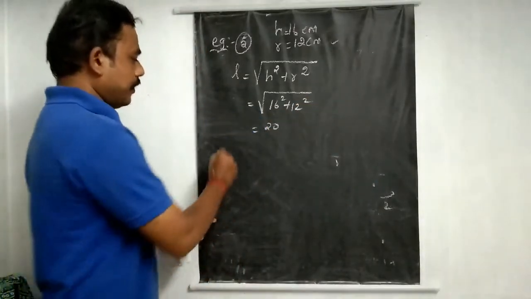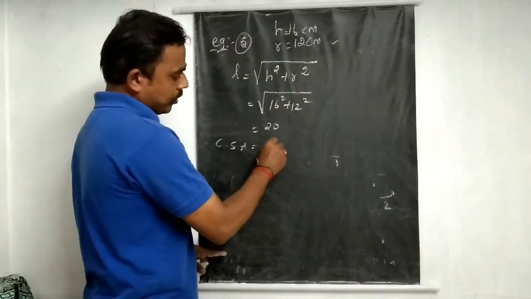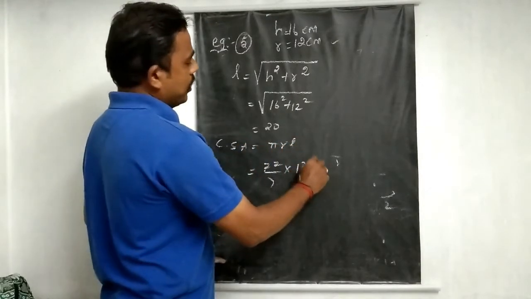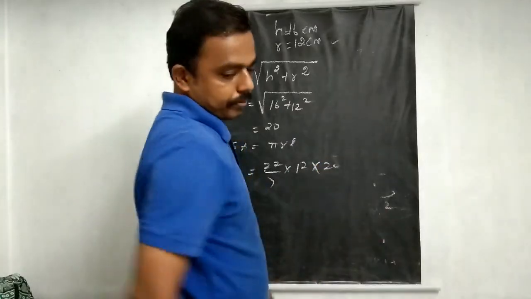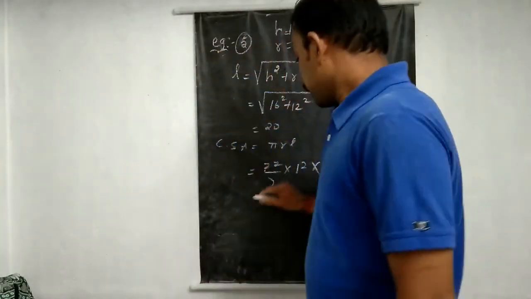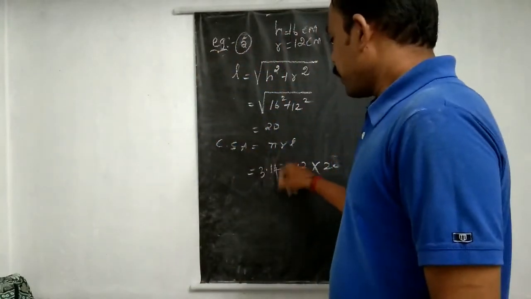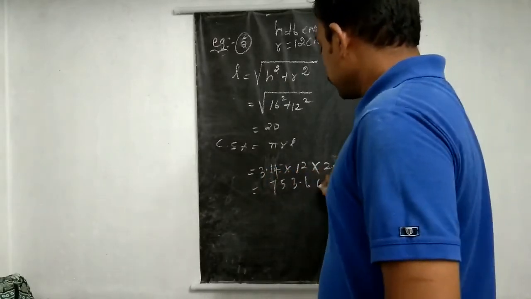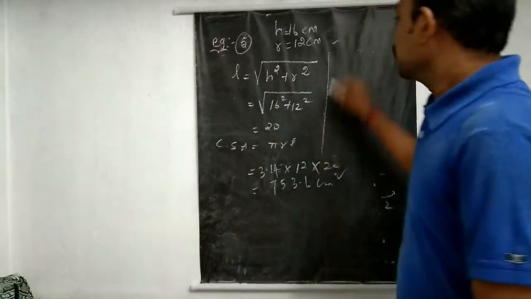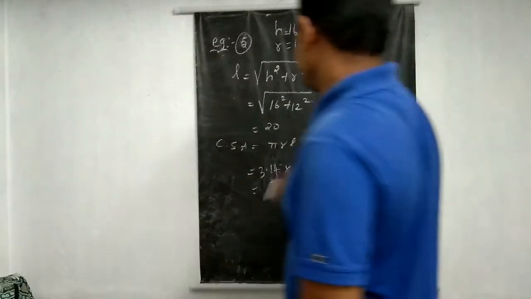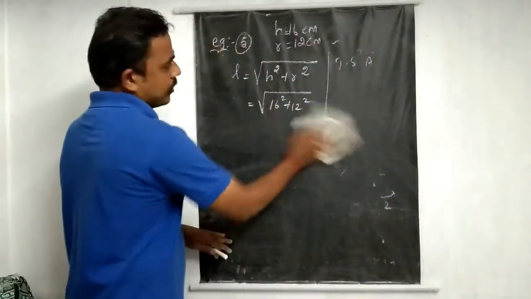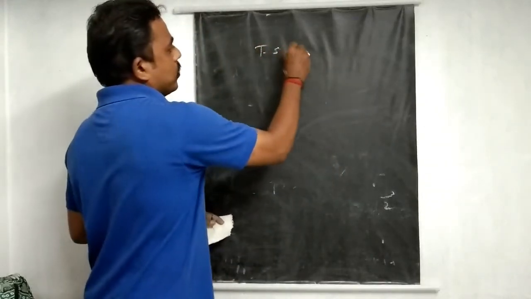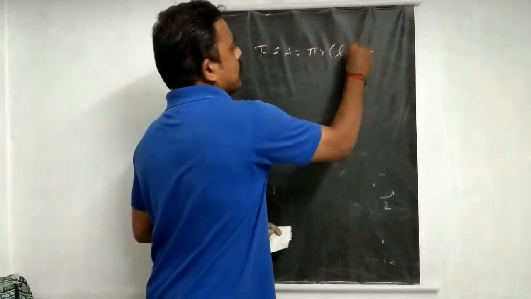Now curved surface area, pi r L. So 3.14 into r value 12, L value 20. So multiply, you may get the answer: 753.6 centimeter square. Next, total surface area we need to find. So total surface area equals pi r into L plus r.